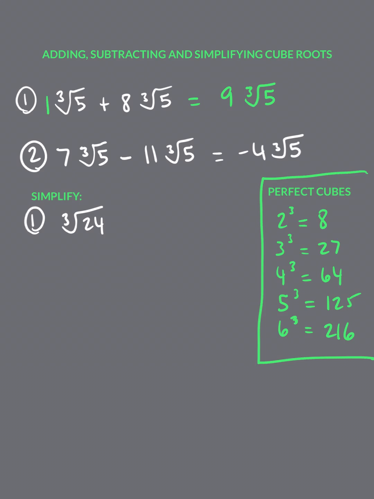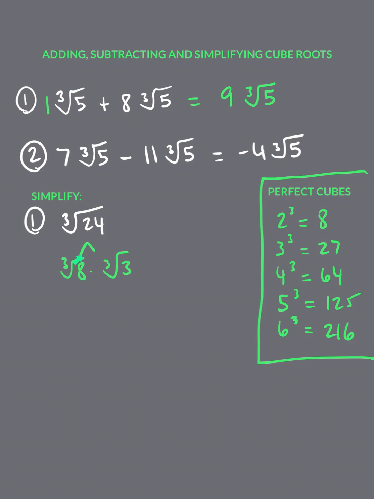Now, of course, we could keep going, but these are the ones that we're going to be using today. So when we're looking to simplify the cube root of 24, we really want to see which one of these perfect cubes 24 is divisible by. So 24 is divisible by 8. So we can break this up into the cube root of 8 times the cube root of 3, since 8 times 3 is 24.